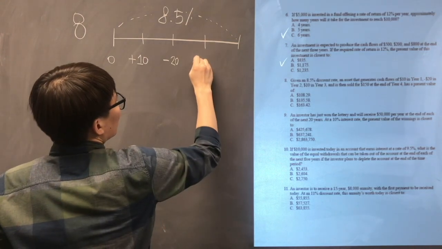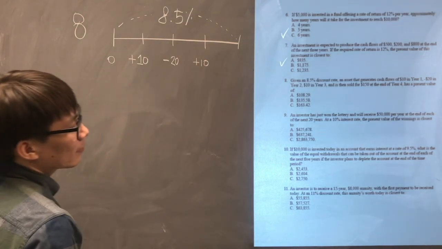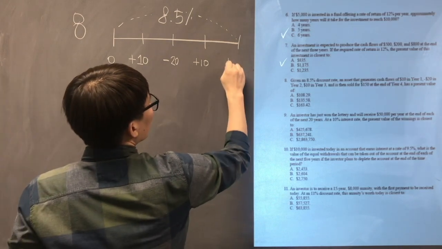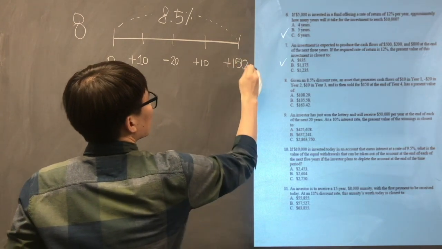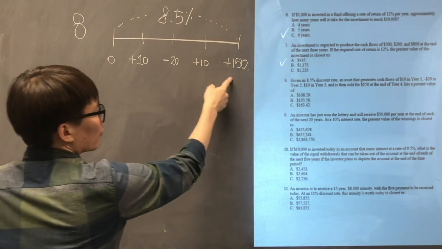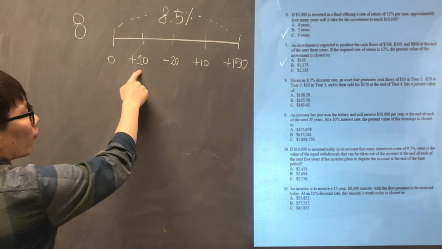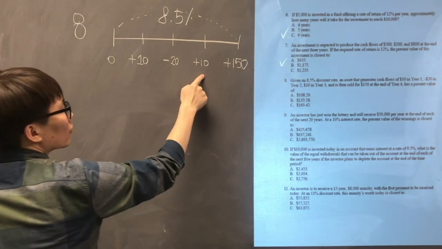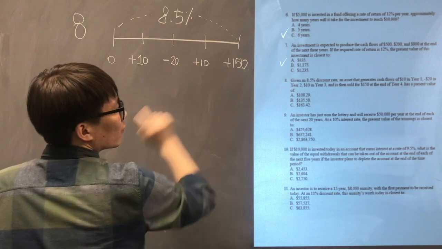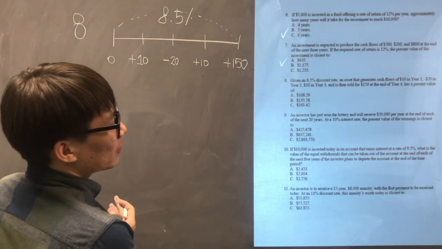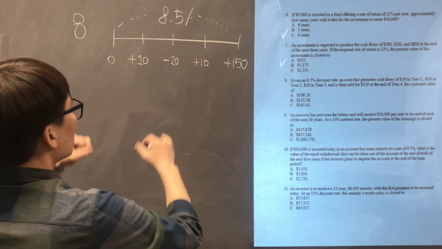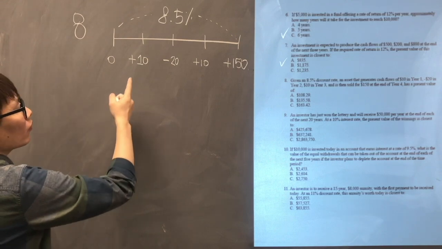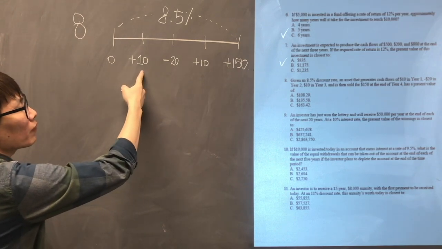Year 3, they expect 10. Year 4, good, bad, good, good, right? Cash inflow, cash outflow, cash inflow, cash inflow. So figure out the present value of this investment, right? Same. Now you need to figure out present value.